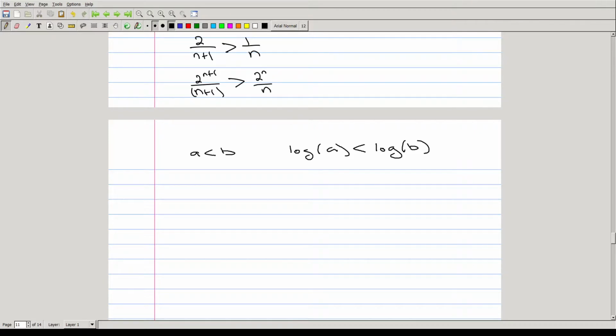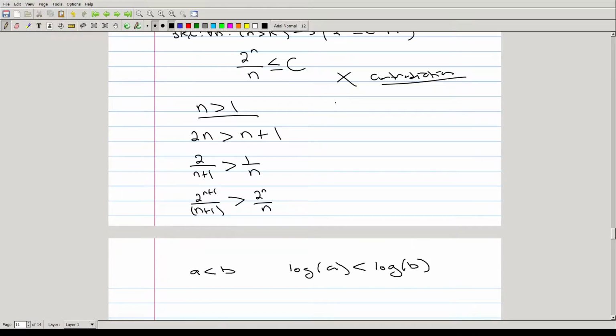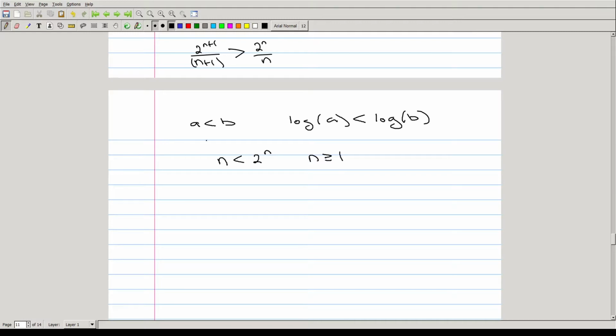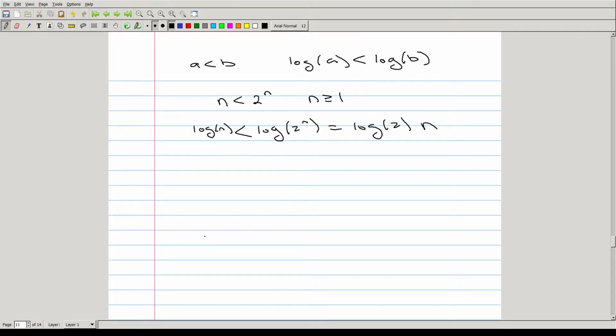And so the idea here is that what we've shown is that for all n, n is strictly less than 2 to the n. So therefore, when we take the logarithm of both sides, we get log of n is less than logarithm of 2 to the n, which is log of 2 times n.